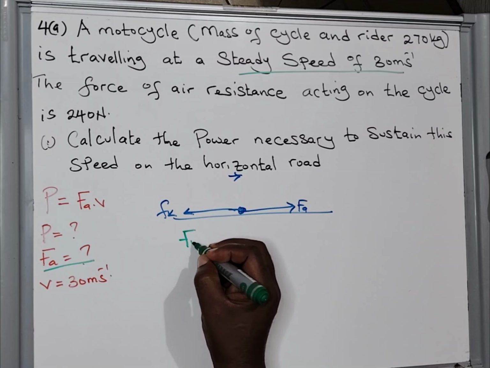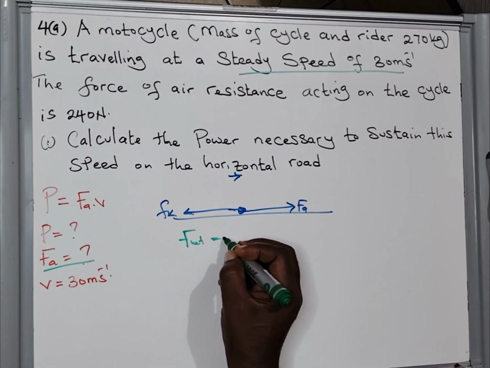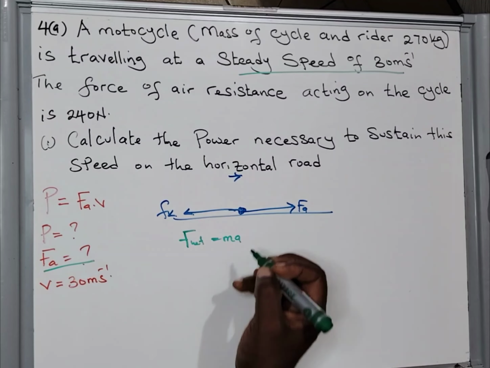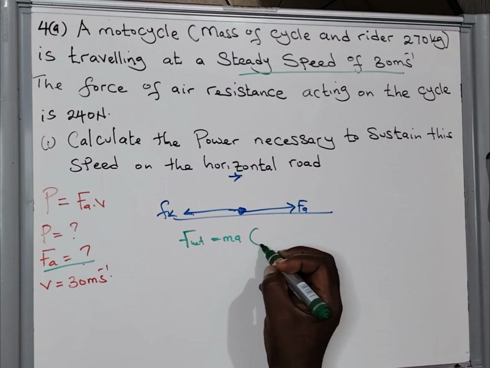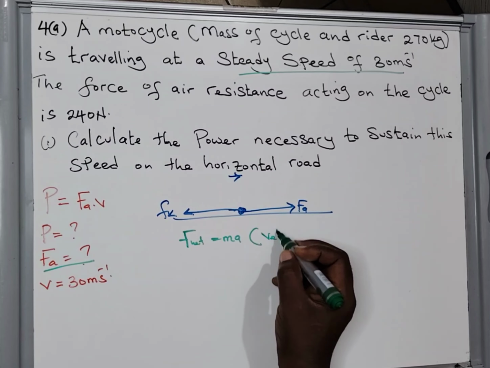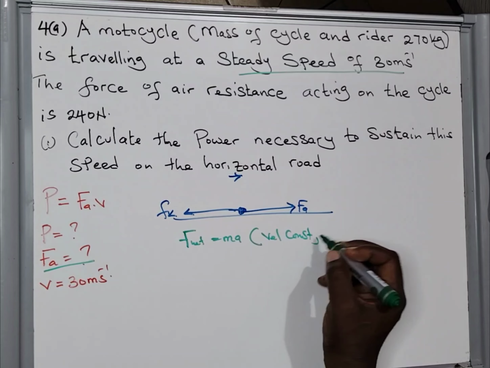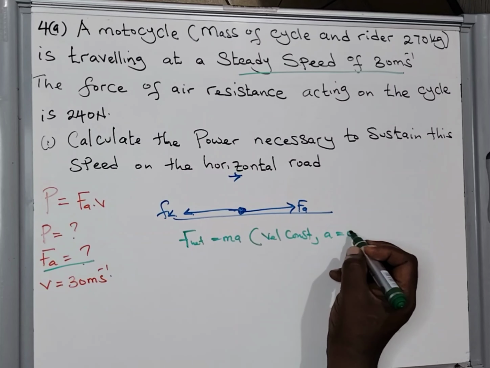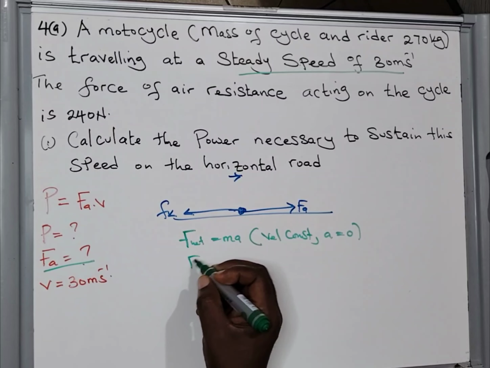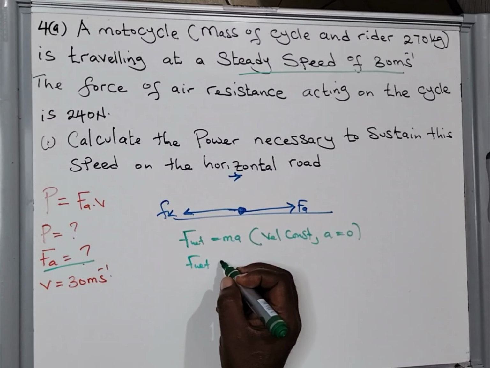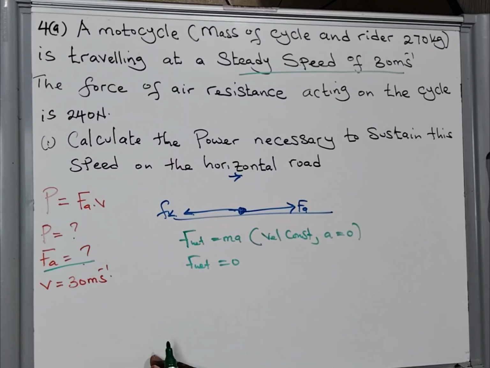You know that F net is equal to MA. But you have to remember that velocity is constant, and constant velocity means acceleration is zero. What does that mean? That F net is zero.